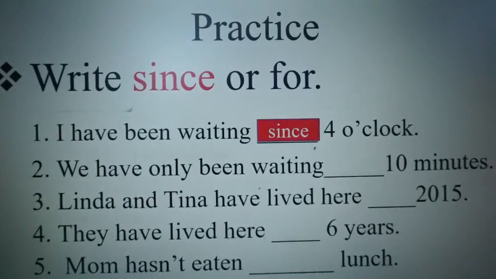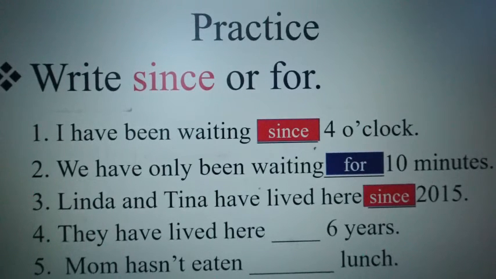And number two, "We have only been waiting for 10 minutes." We say for 10 minutes because we want to measure how long something lasts, how long you have been waiting.